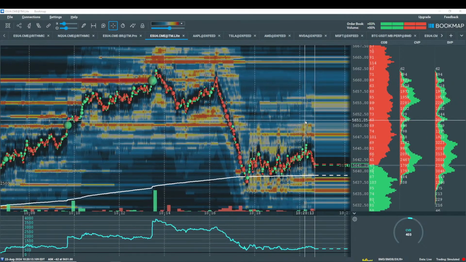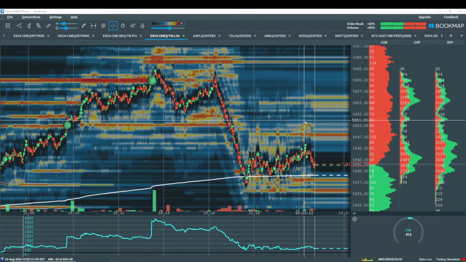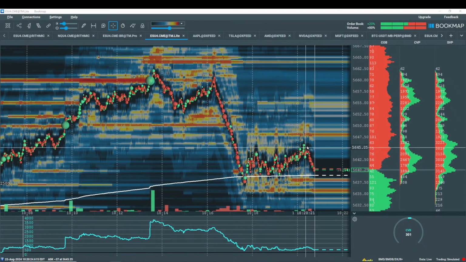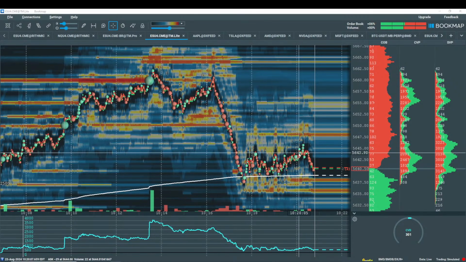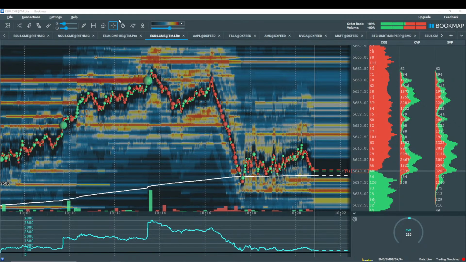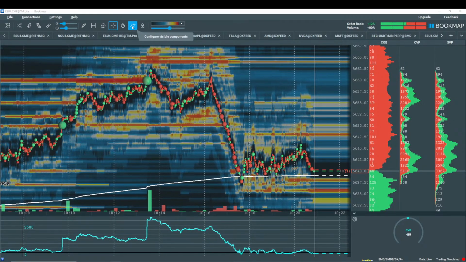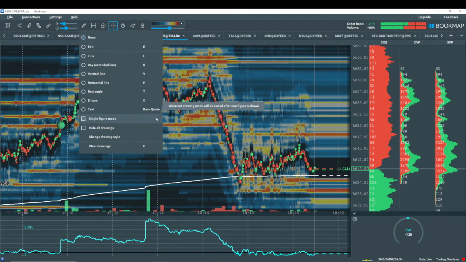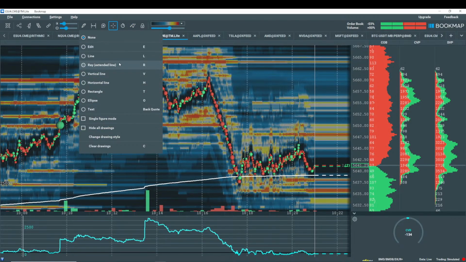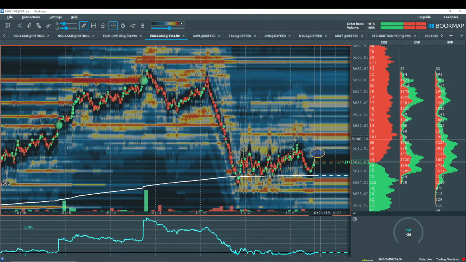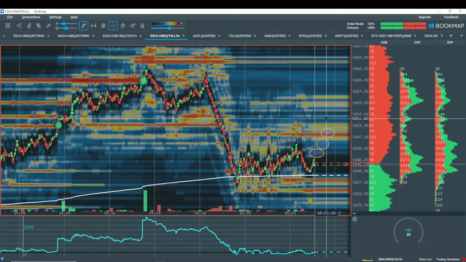And then the second mistake was looking for a pullback, but why didn't we capture it? Well, because the buying that came back in after that was really strong. There was no pullback. It just didn't do it. Instead, what we got was heavy buying coming in, big green dots pulling that market up.